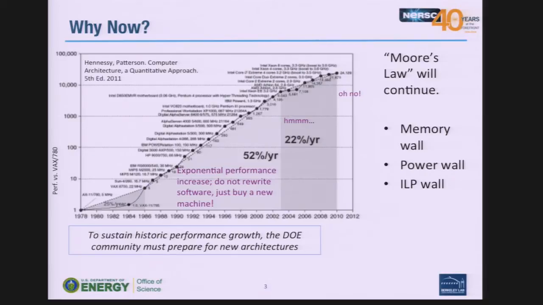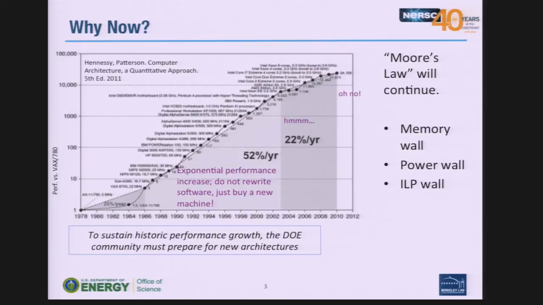You got these gains. Then in the early 2000s, it sort of started to curve a little bit, but we still didn't change our software, because that's really hard. We were still hoping that the computer vendors would help us out and make these faster processors. And now you get to this point where your clock speed and your single thread performance isn't even increasing, it might even be decreasing.